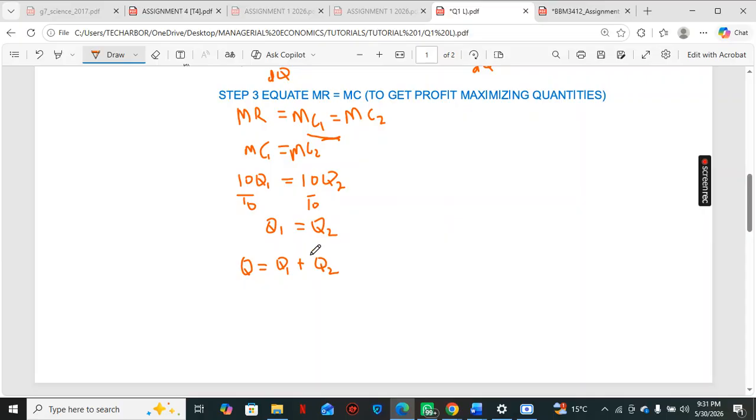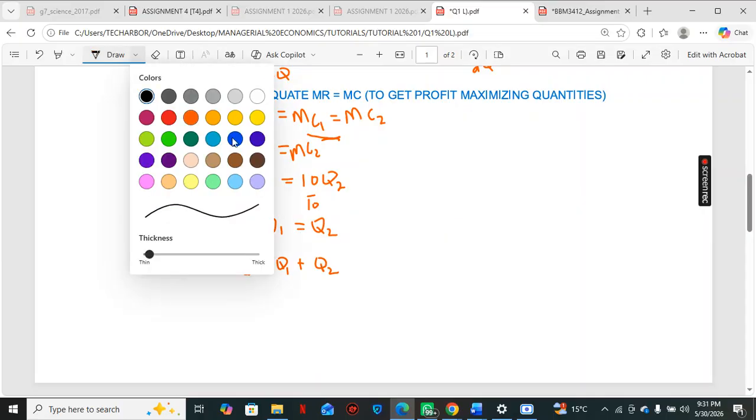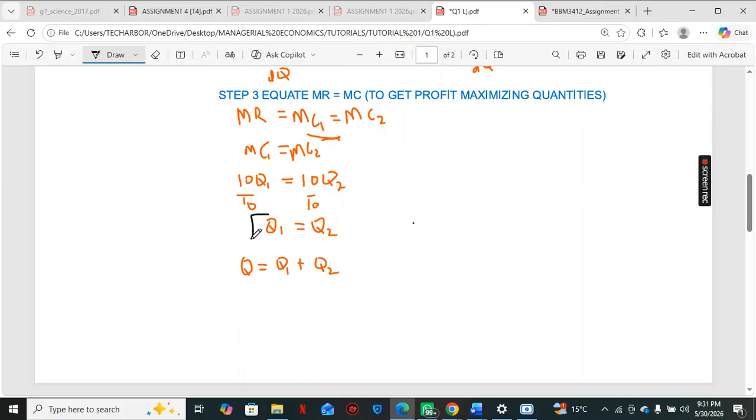Since Q1 equals Q2, substitute into this function here.